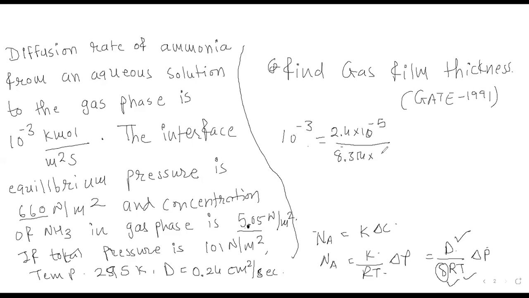How much temperature is it? 295 Kelvin multiplied by 660 minus 5.05, here multiply by thickness. So all things are given except thickness. So what will be the thickness?